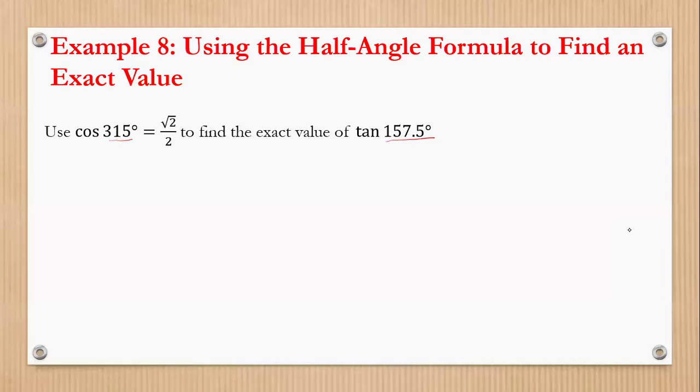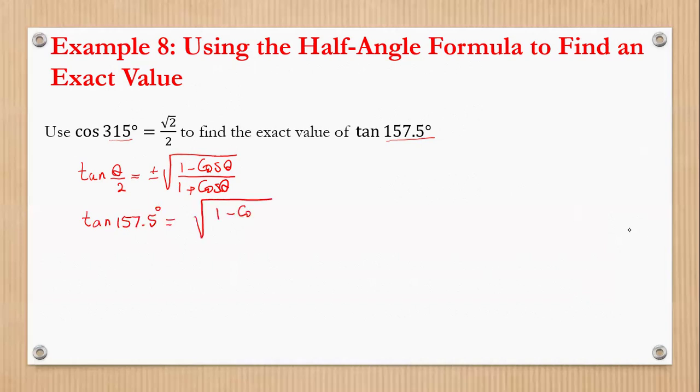The formula tells me that the tangent of a half angle is plus or minus the square root of 1 minus cosine of the full angle over 1 plus cosine of the full angle, which means the tangent of 157.5, which is half of 315, is 1 minus cosine of 315 over 1 plus cosine of 315.